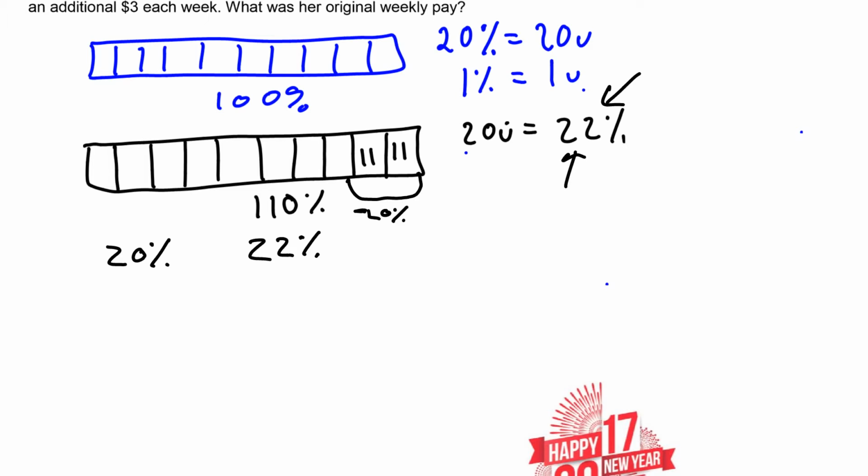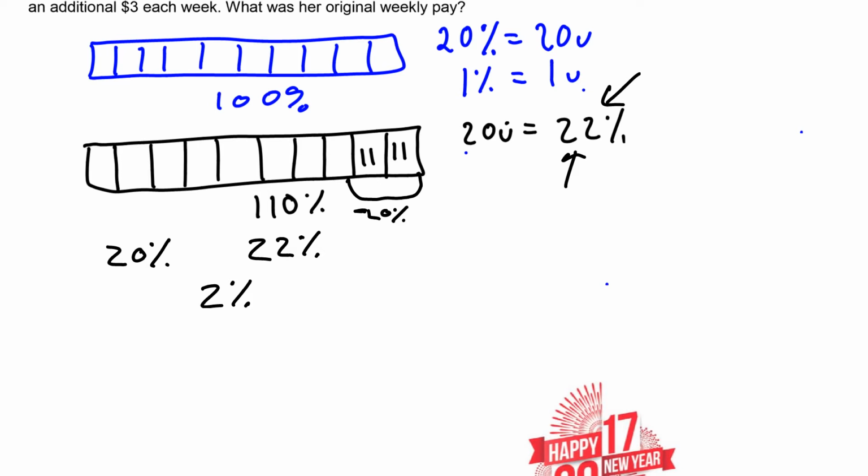Okay, well now how does that help us? Well, let's see. What's the difference there? It's a difference of 2%. Well, now, the problem stated that after her raise, she was saving an additional $3. I think we just unlocked the key to the problem.